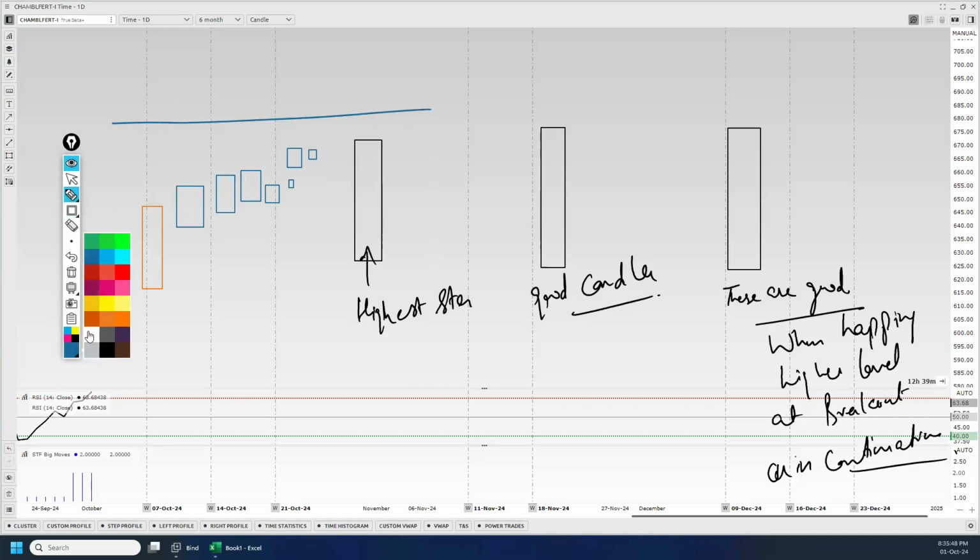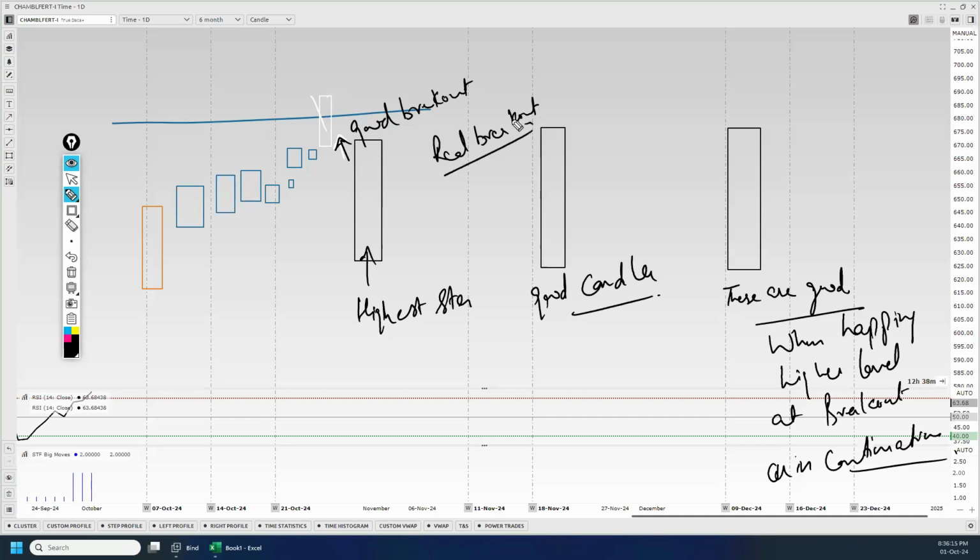On a breakout, I cannot put white, I don't know. Yeah, white is shown. Yeah. So at the breakout, you are getting this as a breakout. Okay. This is a breakout. I will call this a very good breakout. I will say a real breakout. Okay. I will call this a real breakout.